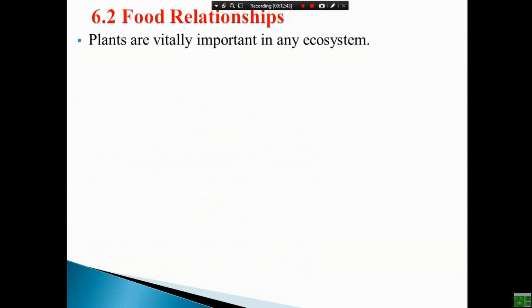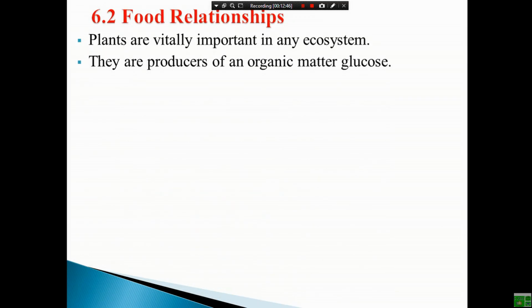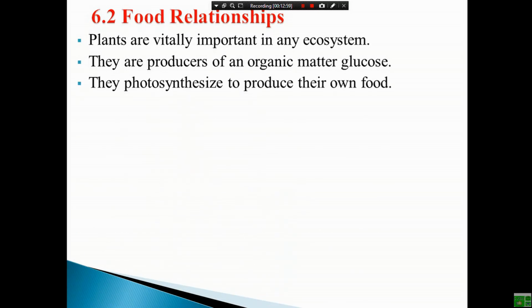The next part of the lesson we are going to discuss is 6.2, food relationship. Plants are vitally important in an ecosystem. They are producers of an organic matter called glucose by the photosynthesis process. They photosynthesize to produce their own food. They are therefore autotrophs or phototrophs.